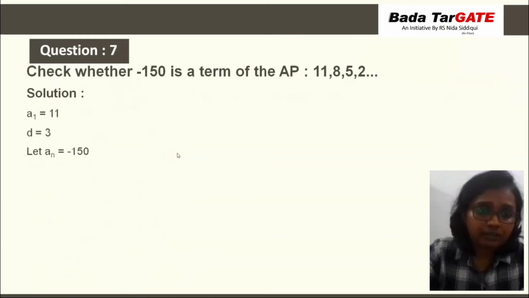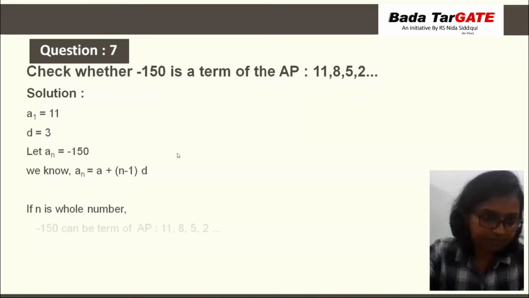To find out whether minus 150 is a term of the AP, we just need to check whether there is an N for which AN is equal to minus 150. For that, we use the equation AN is equal to A plus N minus 1 into D and check whether there is an N for which minus 150 is equal to AN. If N is a whole number, we can say that minus 150 is a term of the AP.